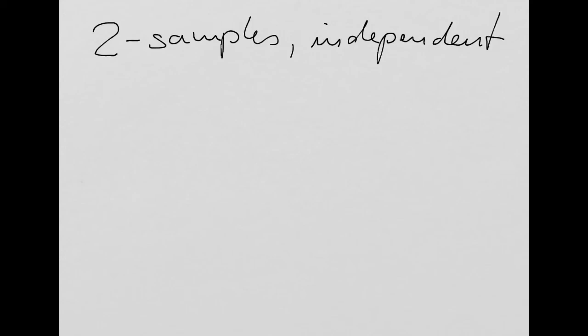So I take 3 students over here, measure them, and I take 3 students over here. There's no connection between these 3 students, between these samples. They are independent samples.